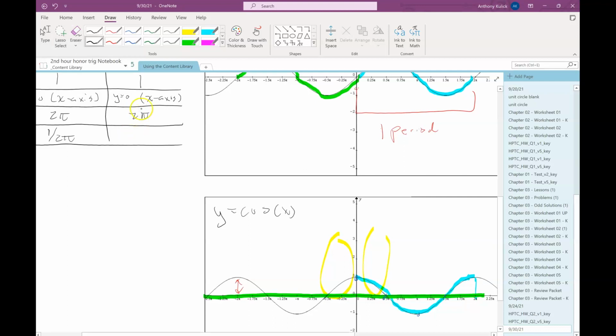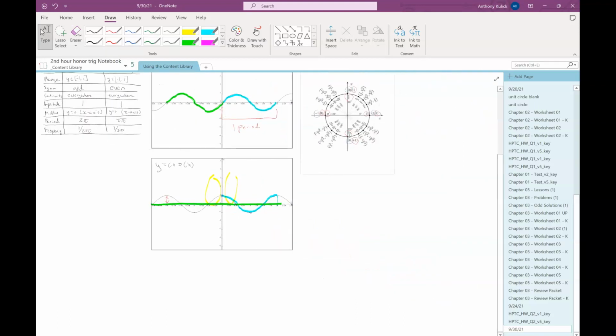So the frequency is going to be just the reciprocal. Okay, feel okay with kind of what these terms mean? That's good. Okay.